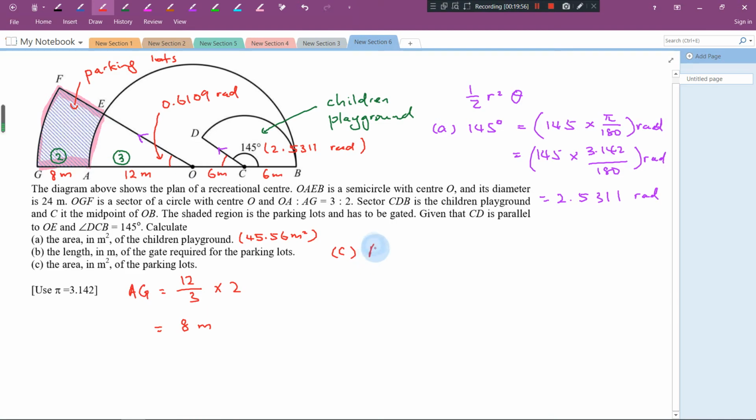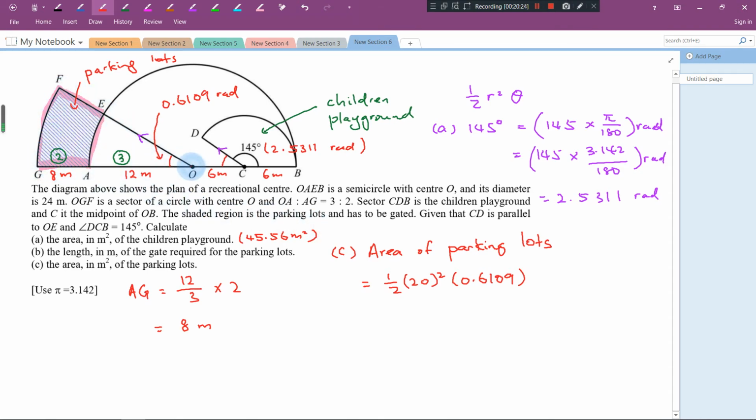Okay, so area of parking lot is equal to 1 over 2 r square theta, 1 over 2 times 20 square times 0.6109. This part will give us the area of OFG.